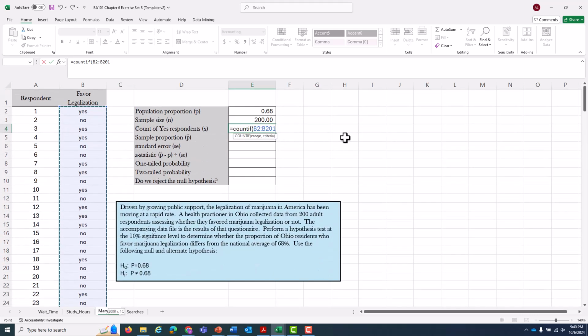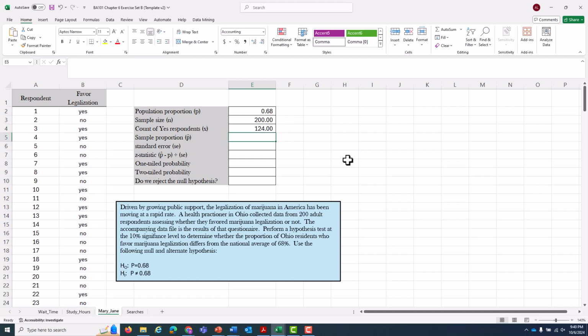Scrolling back up to the top. And then the second thing that I need is the criteria that I want to count. Well, I want to count the number of people that said yes. And you have to put it in quotation marks. So in quotation marks, yes, and then close the parenthesis. And when I hit enter, that COUNTIF function is going to tell me that in column B, 124 people said yes, they were in favor of marijuana legalization.